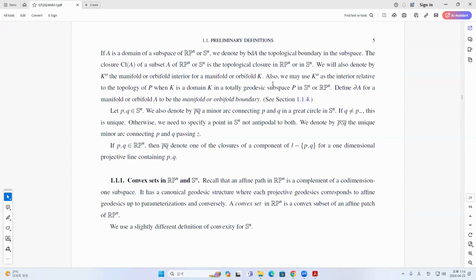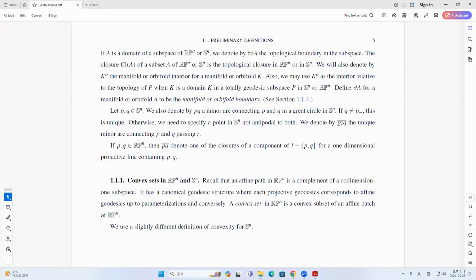Given p and q, we denote by pq the minor arc connecting p and q in a great circle if q is not p^-. Here p^- denotes the opposite point of p in S^n. If it's not antipodal, then this is unique. Otherwise, we have to specify a point on it, not antipodal to both.